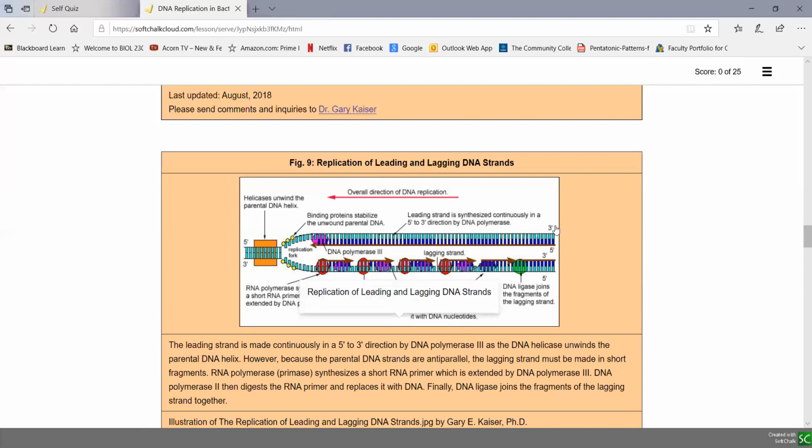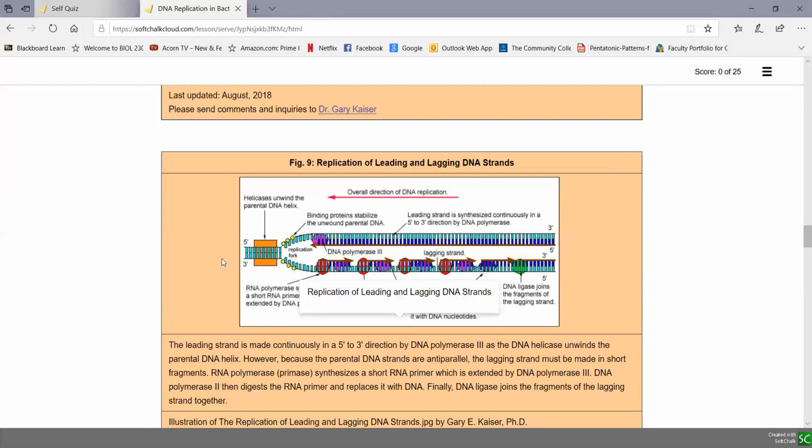So DNA is copied 3' to 5'. It's copying a strand, and it's made in a 5' to 3' direction. So the top strand, as it adds nucleotides, just keeps getting longer and longer as it unwinds, and that's the leading strand. This can be synthesized continuously in a 5' to 3' direction as it unwinds.